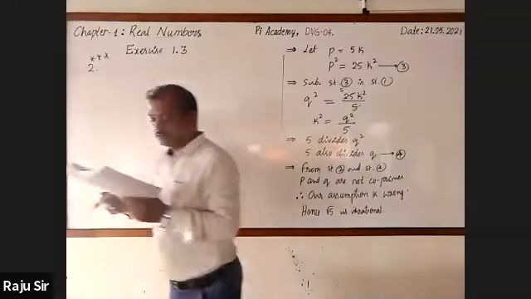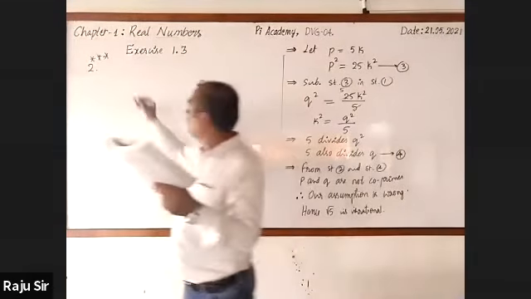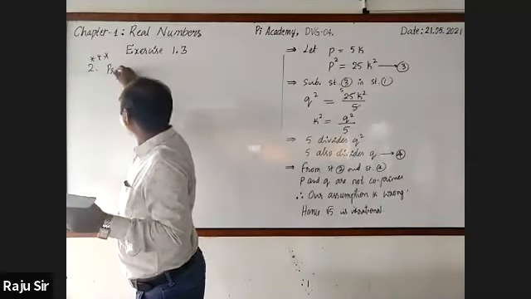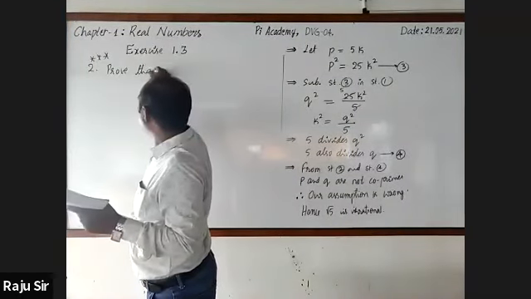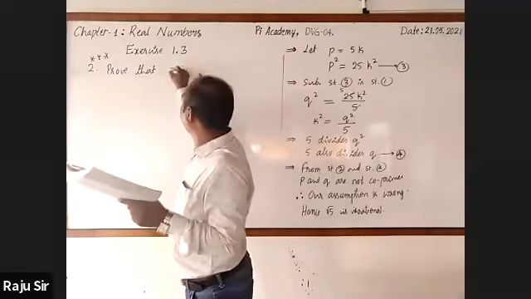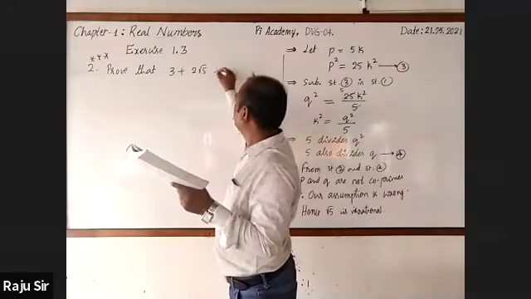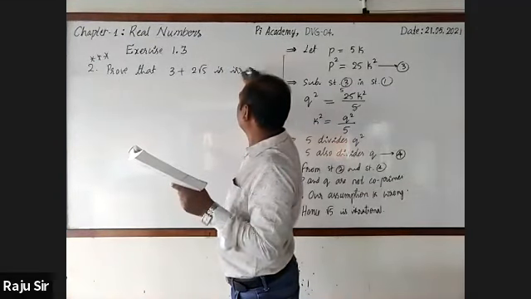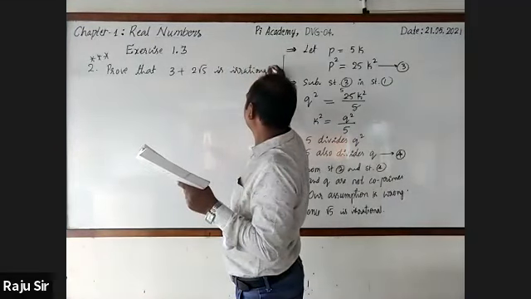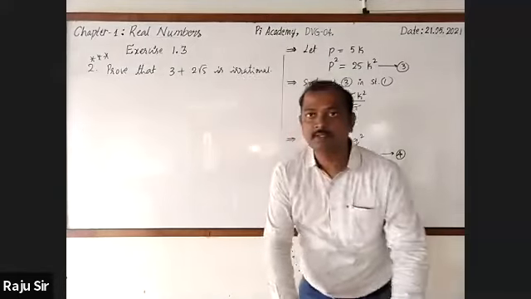Second one, put a 3-star mark. The statement is like this. Prove that 3 plus 2 into root 5 is irrational, or it should be proved as irrational.